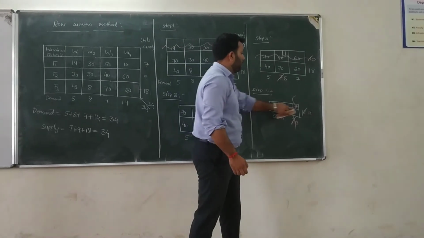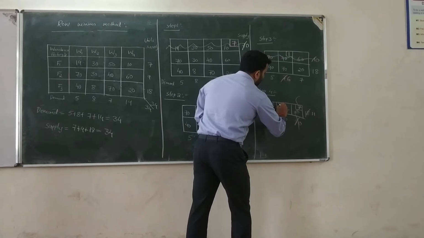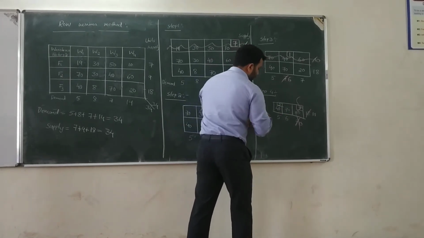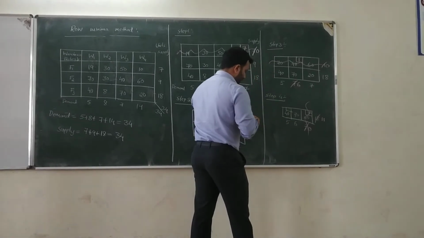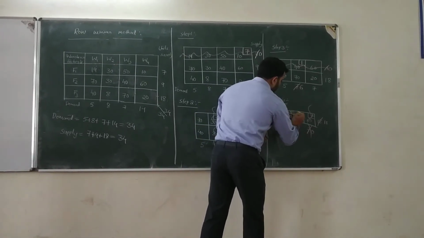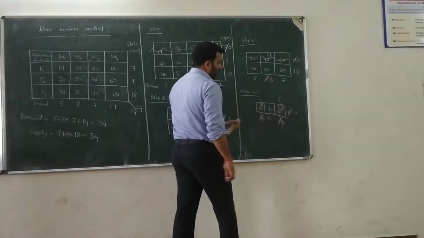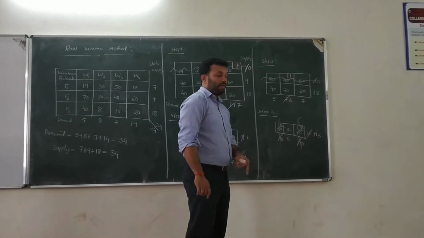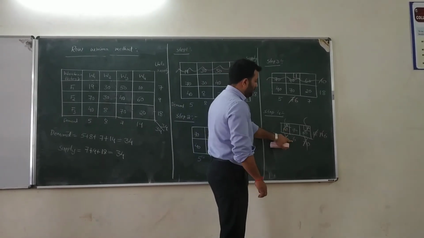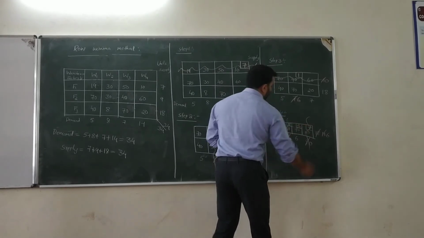The demand is 5 and supply is 11, so I am allocating 5. Then we are left with 6 units. I am left with only one position, 6 demand and 6 supply, that is why here we are getting 6.